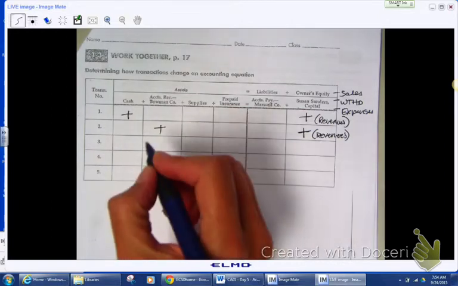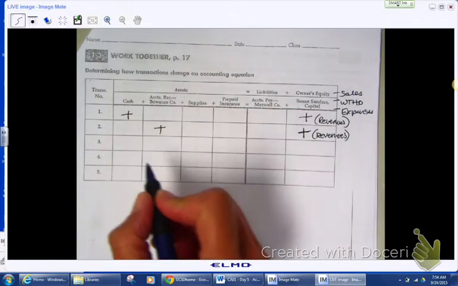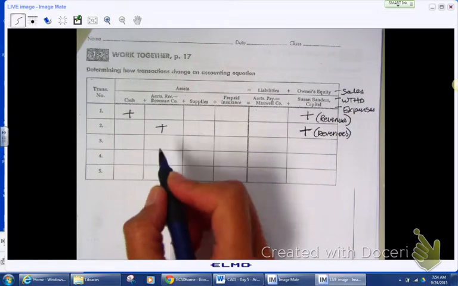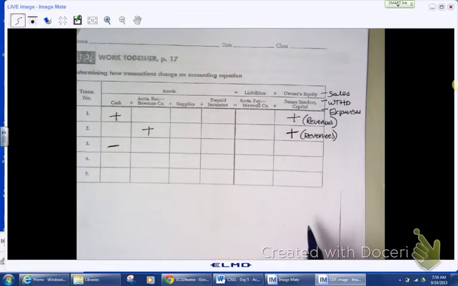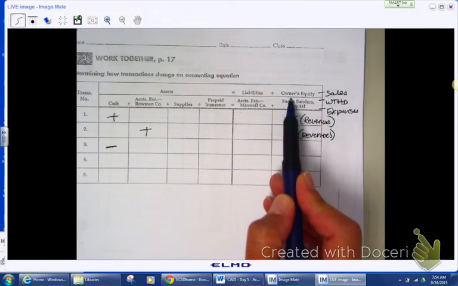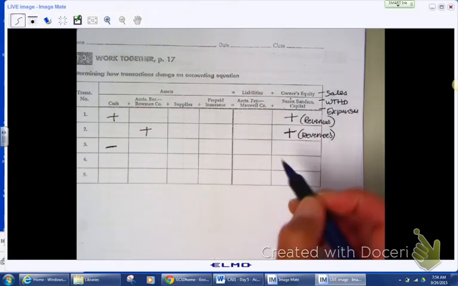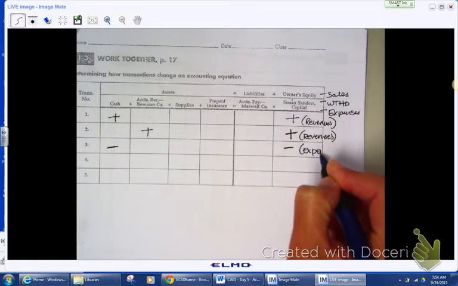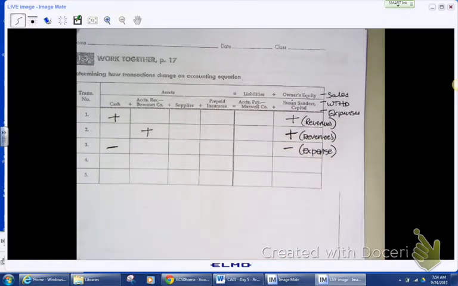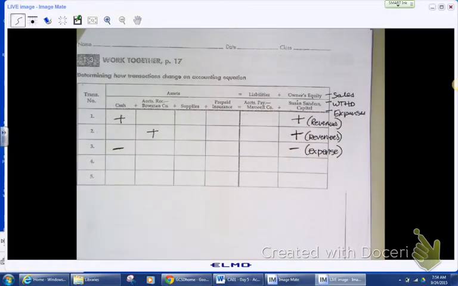So what's going to happen if we have paid cash? Is it going up or down? Down. So we know that unequivocally. And the expense, is that going to increase or decrease our owner's equity? It's going to decrease our owner's equity. So we'll put in parentheses expense, because it's going to decrease our owner's equity.